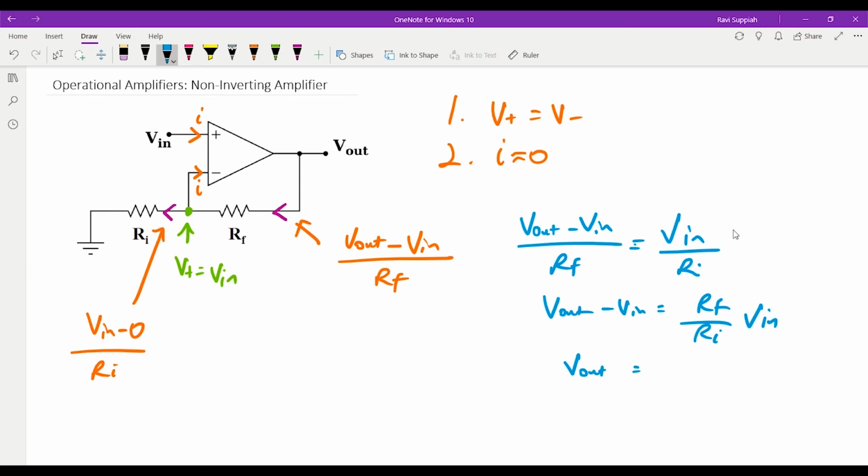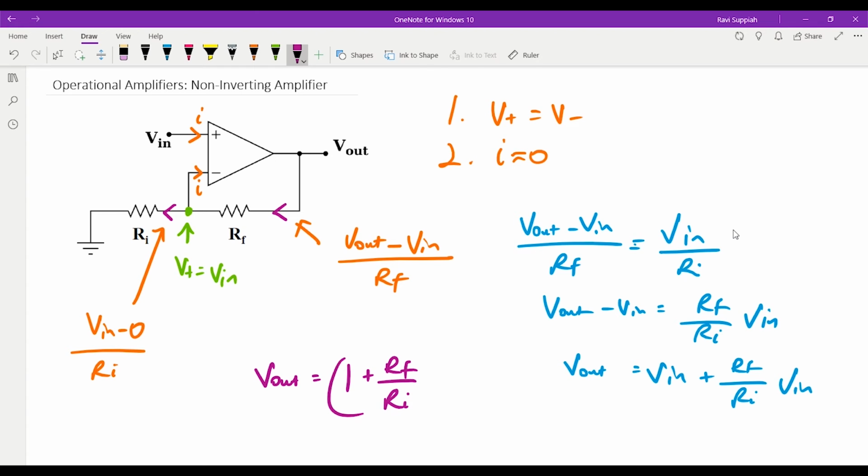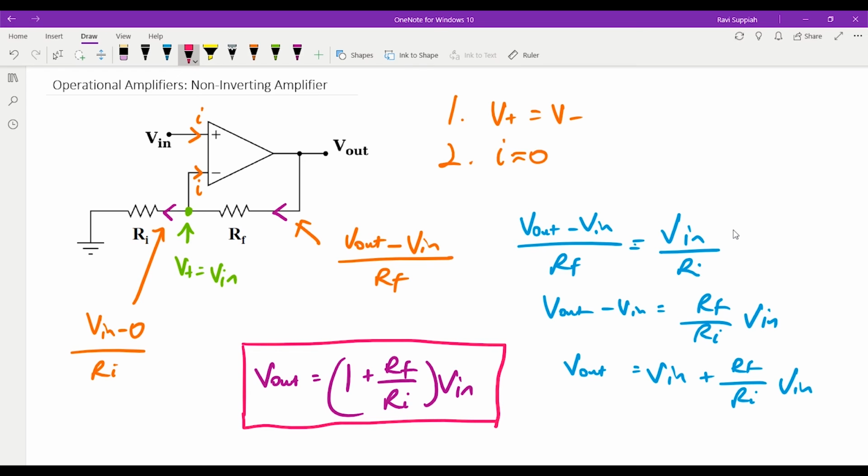So V out is equal to V in plus RF over RI times V in. Factorizing out the V in, you get the final formula: V out equals 1 plus RF over RI, multiplied by V in. This is the formula that relates the output and the input when your op amp is configured in a non-inverting configuration.